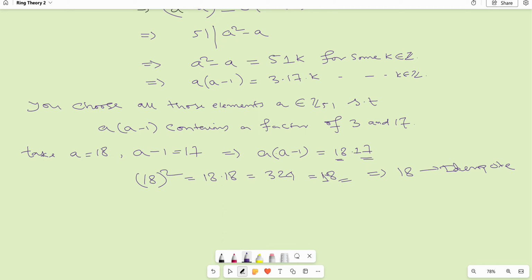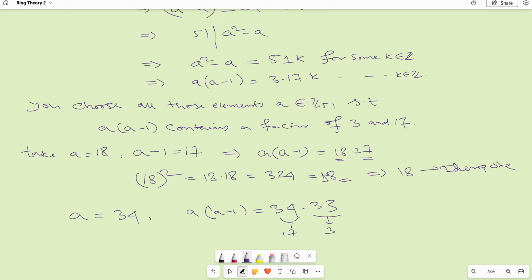You choose all the elements which I have told, for which a into a minus 1 contains a factor of 3 and 17. Suppose you choose a to be 34. So a into a minus 1 is 34 into 33. So it will contain a factor of 17 and it will contain a factor of 3.